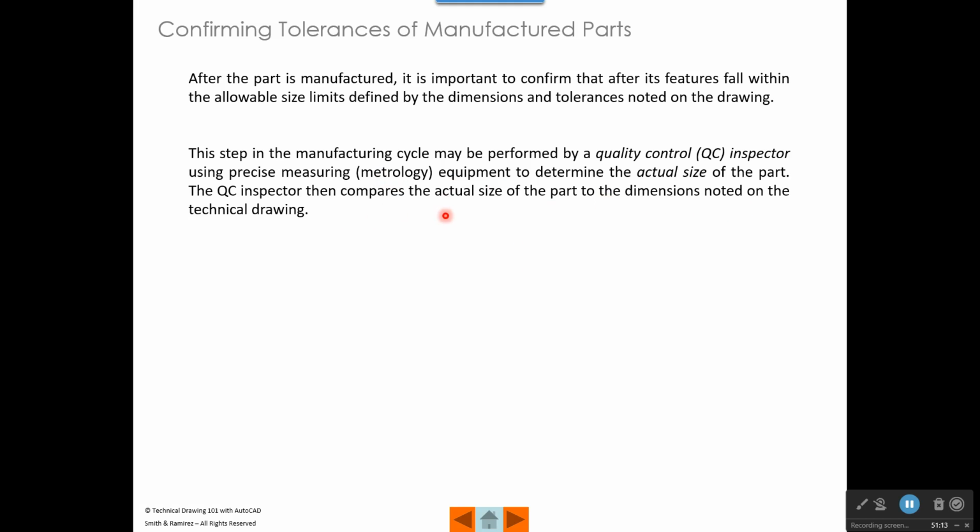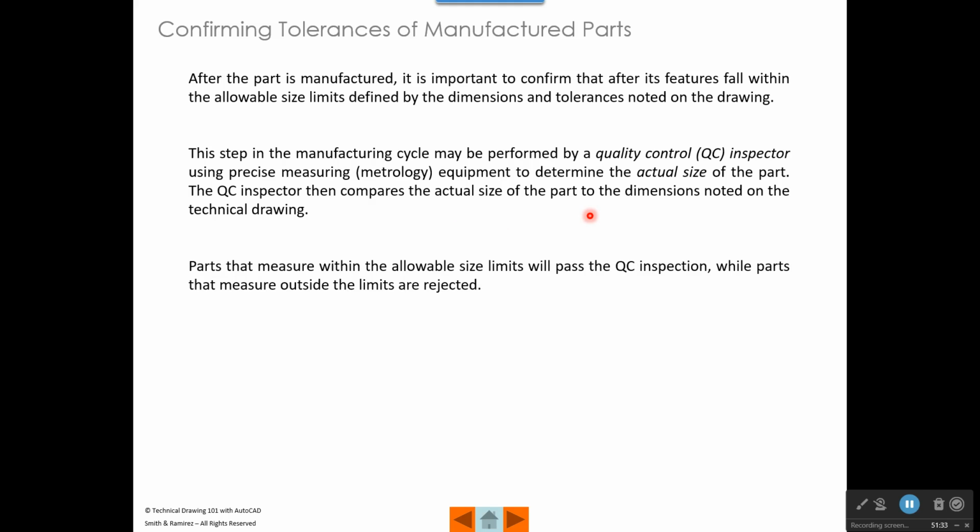Does that make sense? So when the part is manufactured, we measure it, and when we measure it, we find out what its actual size is, and we compare that to the size listed on the drawing and applied with the tolerances.